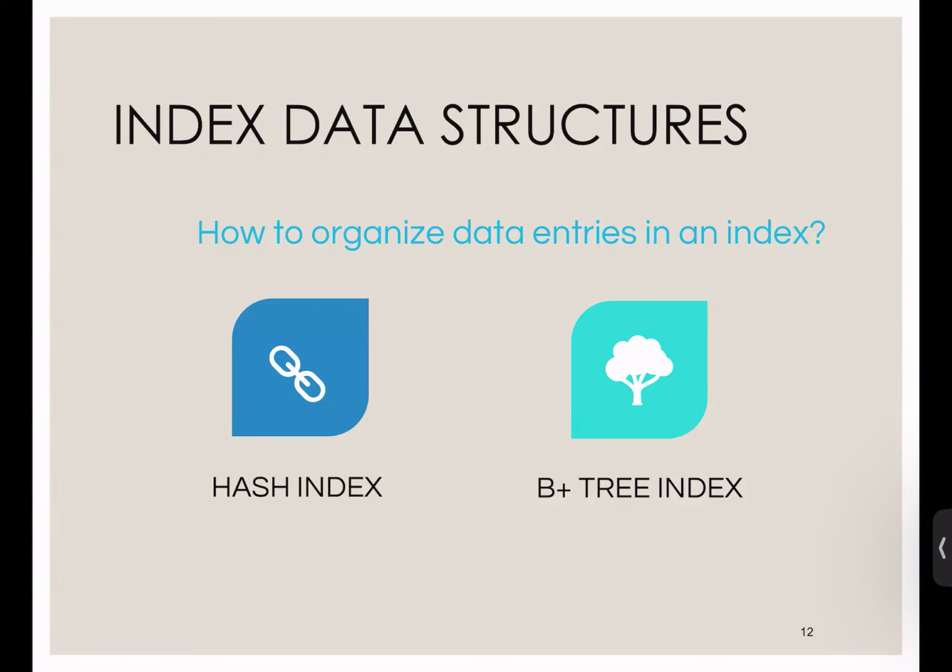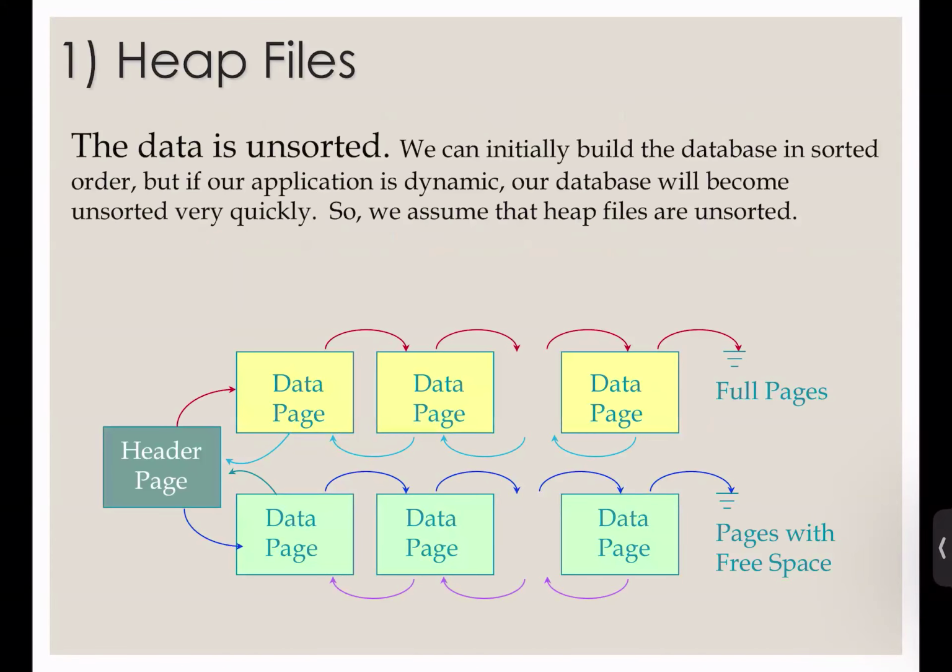Now, since eventually today we will do the cost calculation, we have to think about how the data structure of the index works and how we organize the data entries in the index. We have the hash index that we talked about last time. We have the B plus tree index, right? We have tree-based and hash-based.